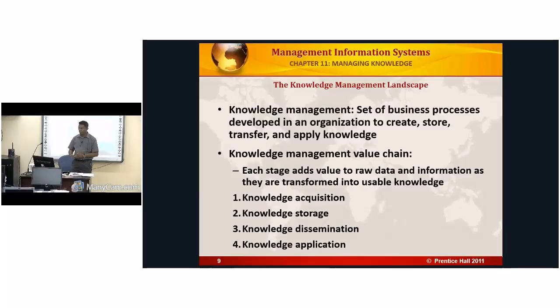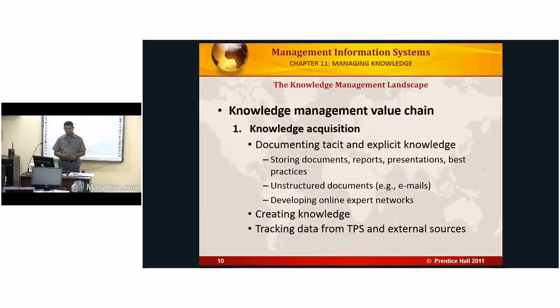If we go through the knowledge management value chain, each stage adds value to raw data and information as they are transformed into usable knowledge. So you get knowledge acquisition, knowledge storage, knowledge dissemination, and knowledge application.